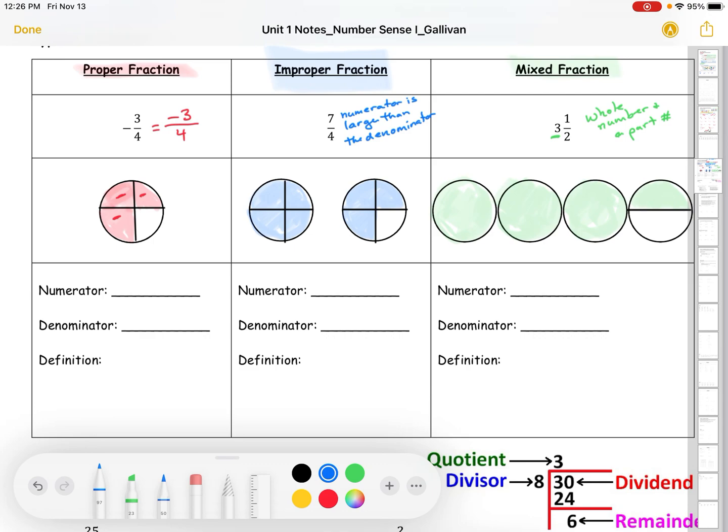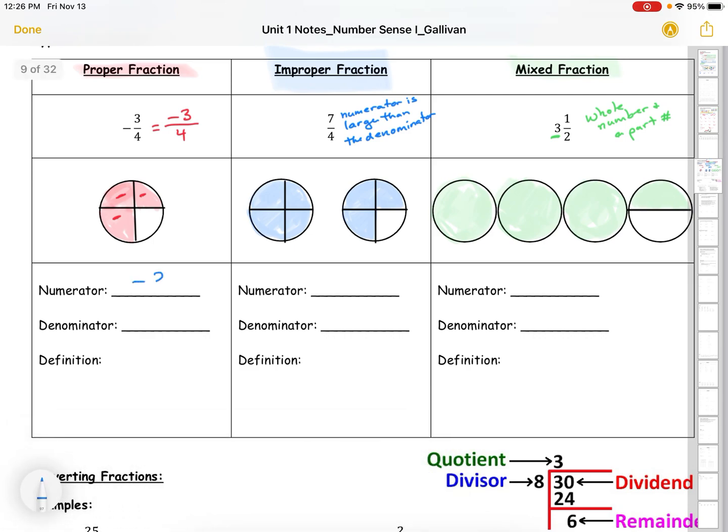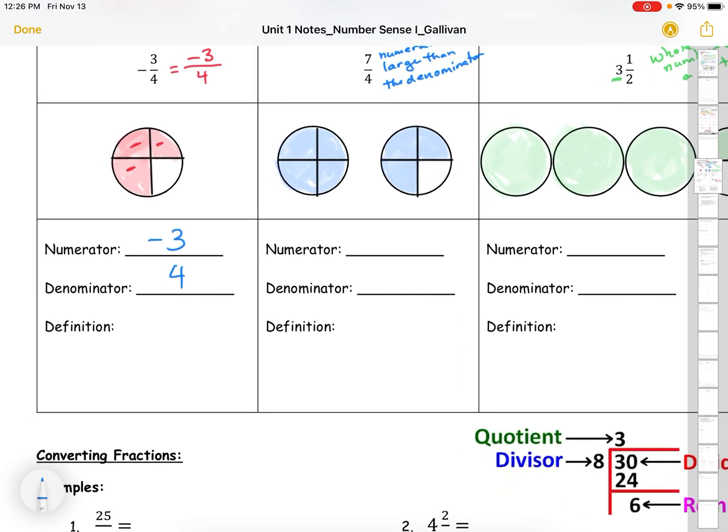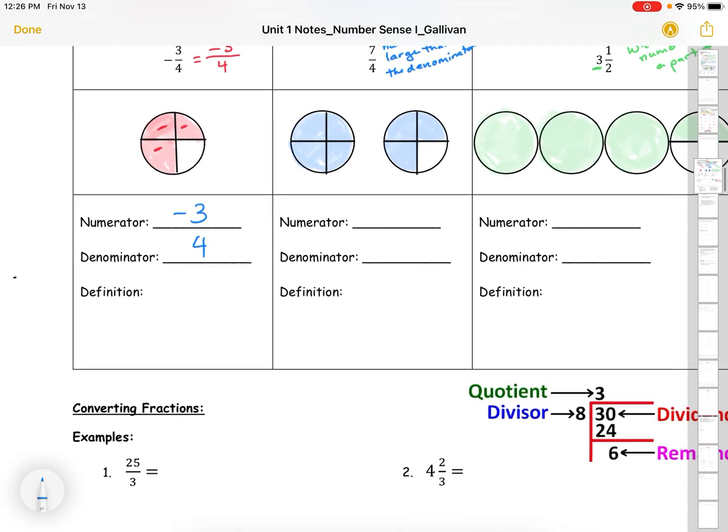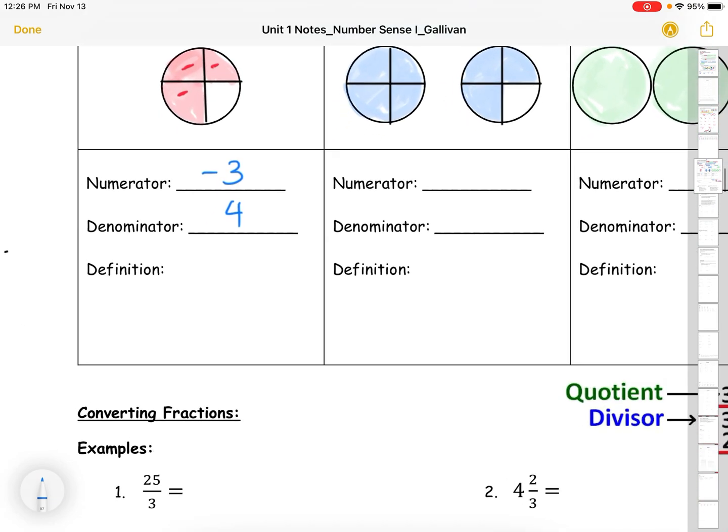Okay. Now let's break these down so we understand what the pieces are. If I'm looking at my proper fraction, my numerator is -3, my denominator is 4, and my definition of a proper fraction is when the numerator is smaller than the denominator.